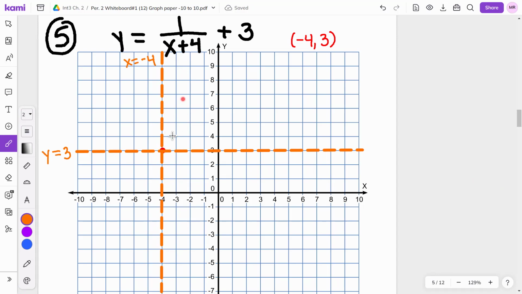And we spoke about it the other day, that if we're thinking about the basic parent graph or parent function of this reciprocal function, it would be y = 1 over x. But if I was to multiply that side by x, I would end up getting xy is equal to 1.